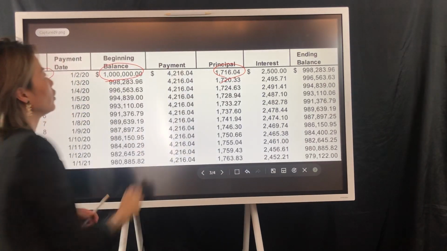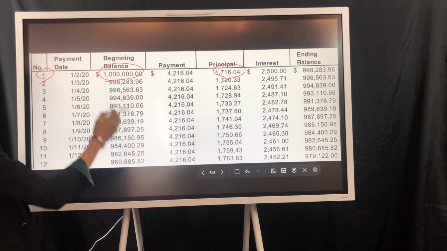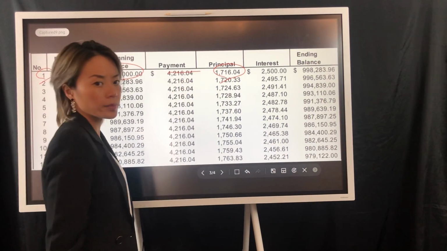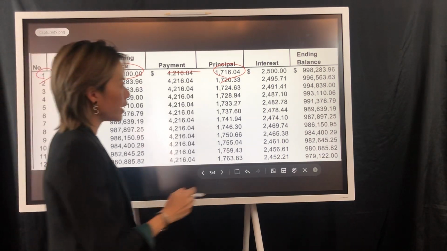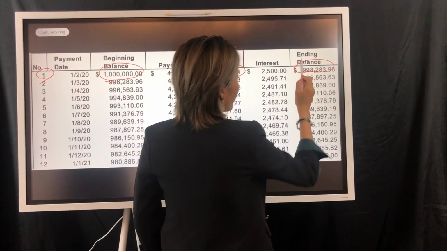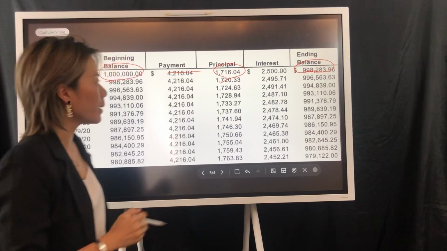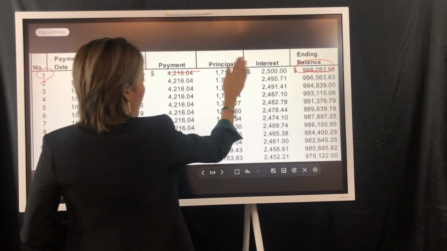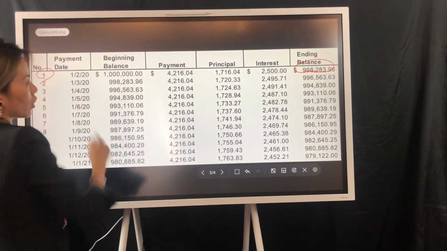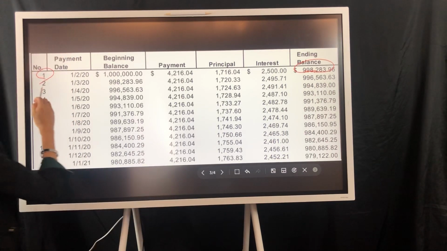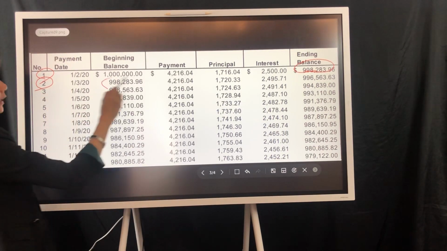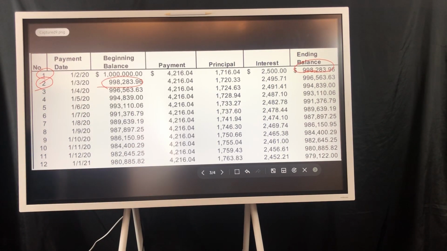Now have a look. The beginning balance minus the principal that has been paid gives us the ending balance of the first repayment, and that equals the beginning balance of the second repayment.